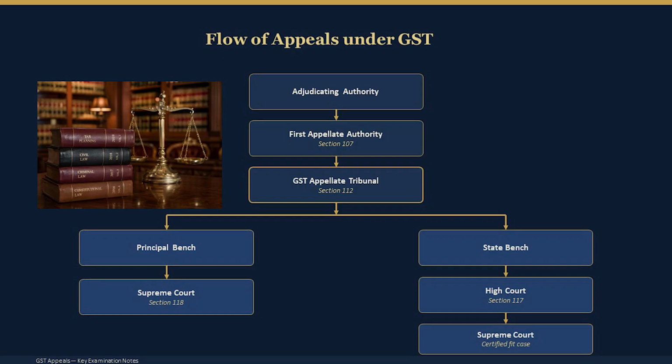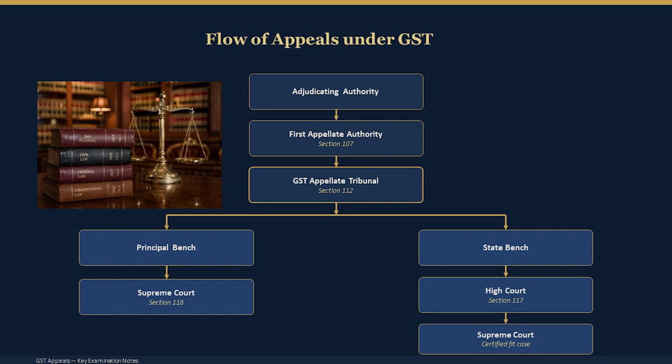A person who is aggrieved by the order in original has an appeal forum which consists of the Joint Commissioner or Additional Commissioner or Commissioner of Appeals, and an appeal can be filed against the order in original as the case may be. Then comes the second appellate authority, which is the GST Appellate Tribunal, and orders of the Commissioner Appeal can be appealed against before the tribunal.